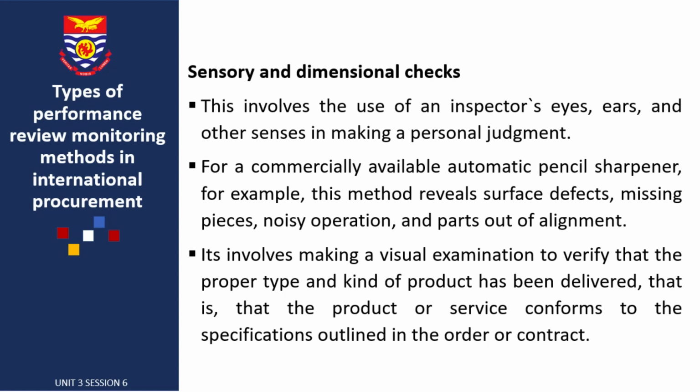For a commercially available atomic pencil sharpener, for example, this method reviews surface defects, missing pieces, noisy operations, and parts that are out of alignment. So it involves making a visual examination to verify that the proper type and kind of product has been delivered. That is, the product or service conforms to the specification outlined in the order or contract.